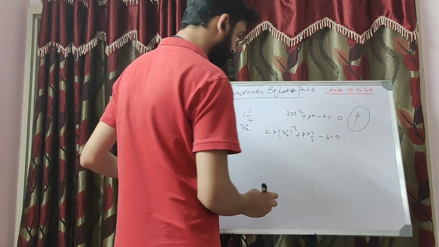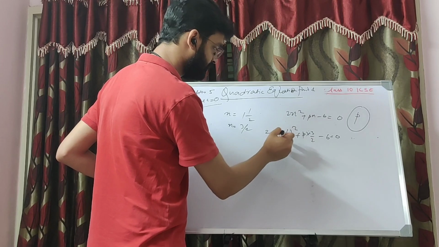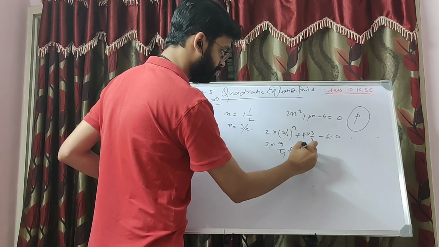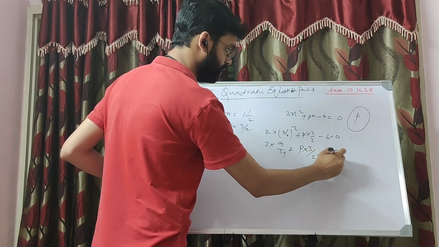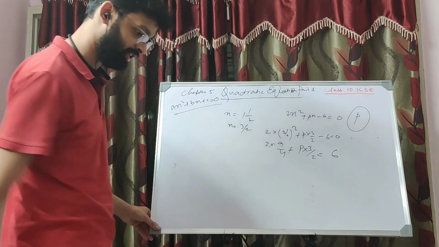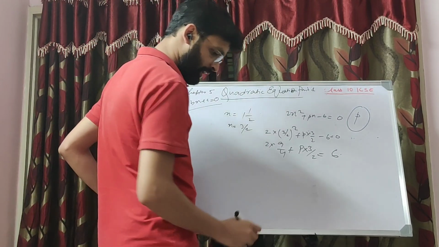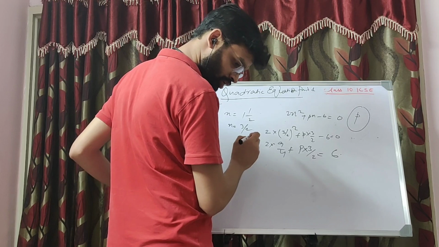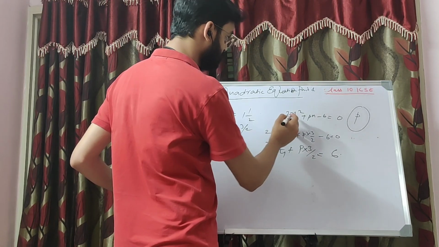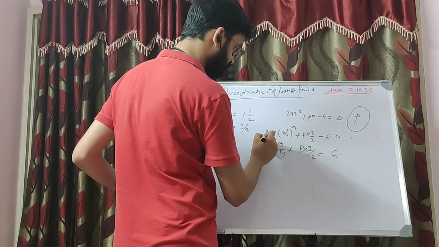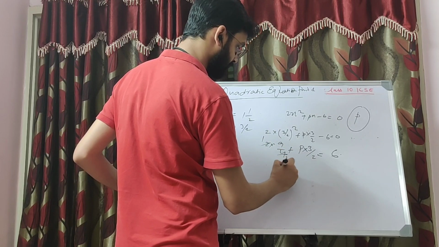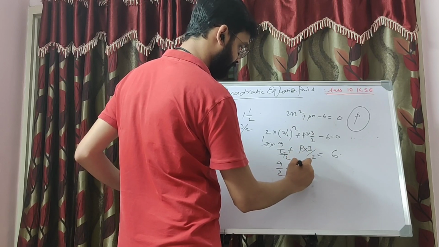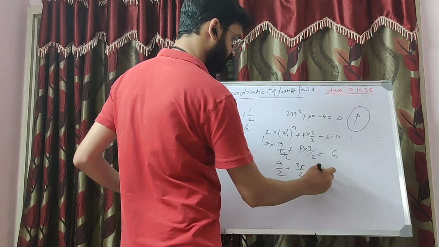So here what will be my formula? See, this will become 2 into 9 by 4 plus p into 3 by 2 is equal to 6, when 6 goes to that side. When we solve this totally, 2 into 9 by 4, so 2 ones are 2, 2 twos are 4. This becomes 9 by 2 and this becomes plus 3p by 2 is equal to 6.